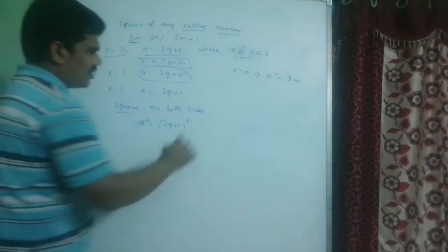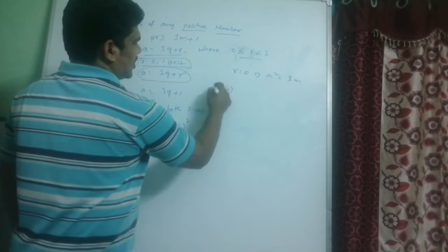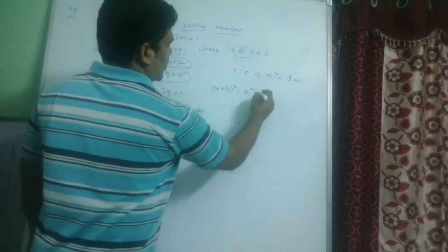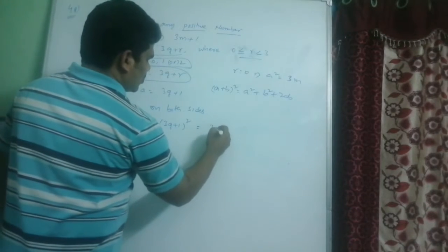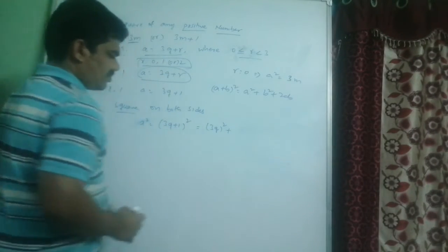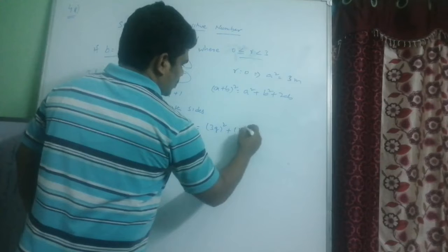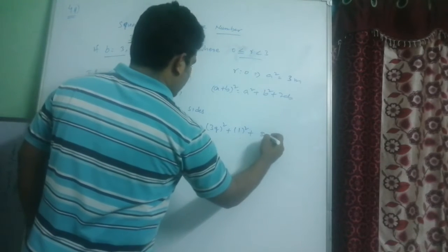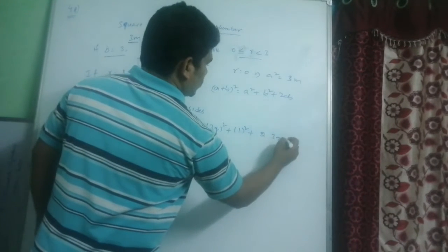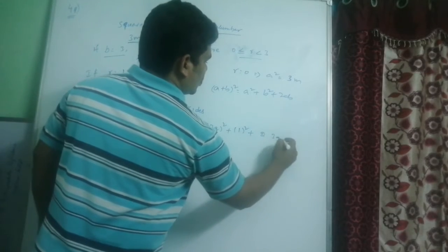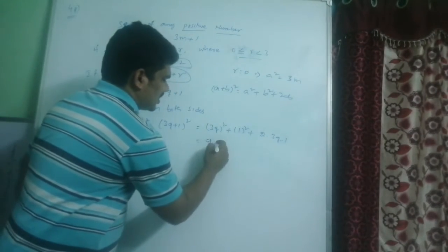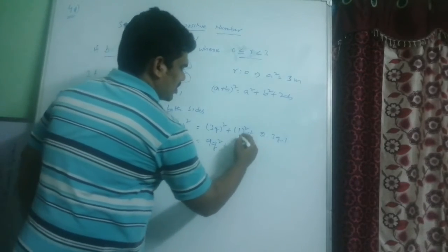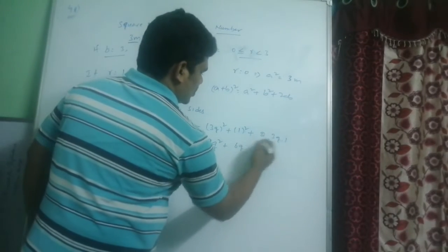a plus b whole square formula. So what is the a plus b whole square formula? a square plus b square plus 2ab. So this is 9q square, 2 into 3 is 6q into 1.